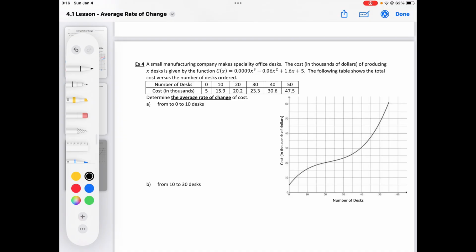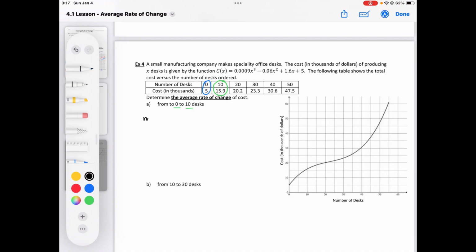So the first thing that we're going to do is determine our average rate of change between 0 to 10 desks. So I'm going to circle here. This tells me that my cost at 10 desks is $15.9 thousand, and my cost at 0 desks is $5,000.